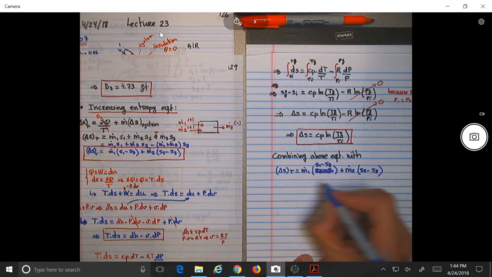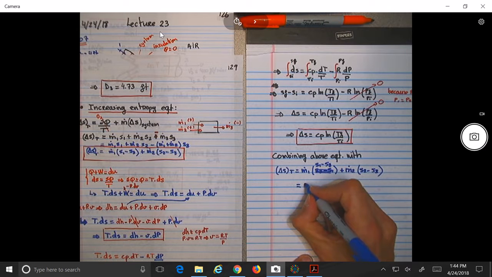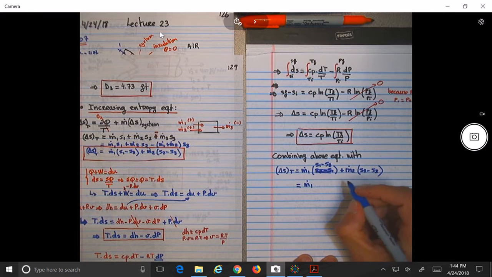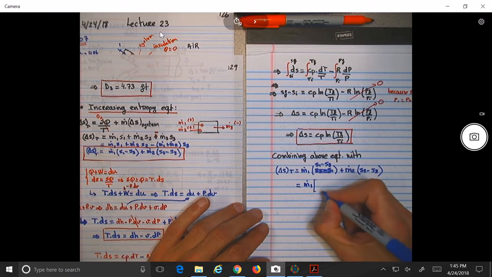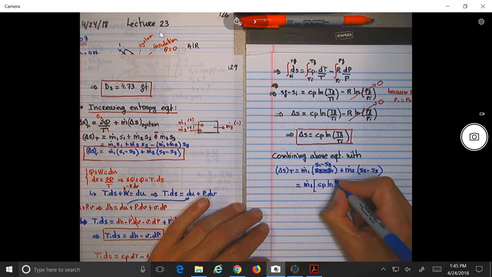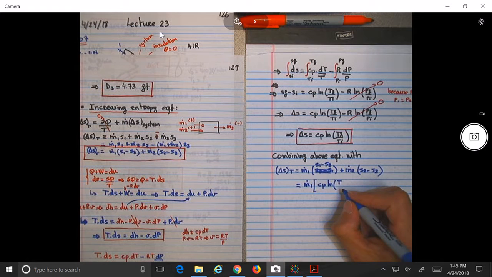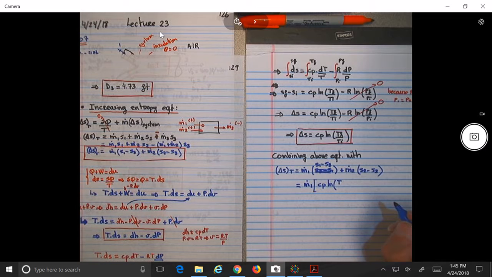This becomes what? M dot 1 of Cp log T, let me check.